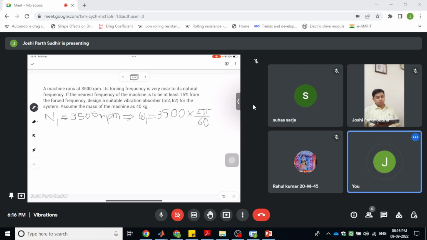So then the system will have two natural frequencies. The nearest frequency of the machine should be at least 15% away from the forcing frequency. For that we have to design a suitable vibration absorber, and the machine mass has been given as 40 kg. So let us say M1 is 40 kg.